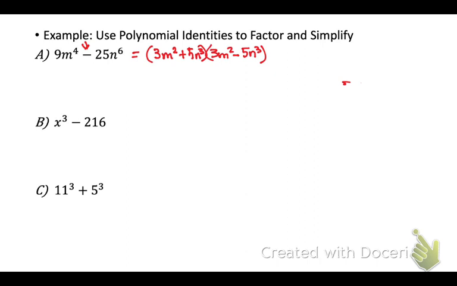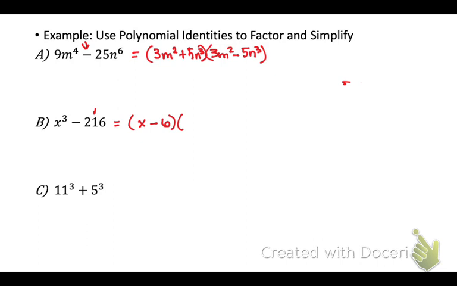Is there a reason why you should know your cubes up to 10? So we figured out it's 6. Okay, so the cube root of x cubed is x. Same sign? Minus. And the cube root of 216 is 6.